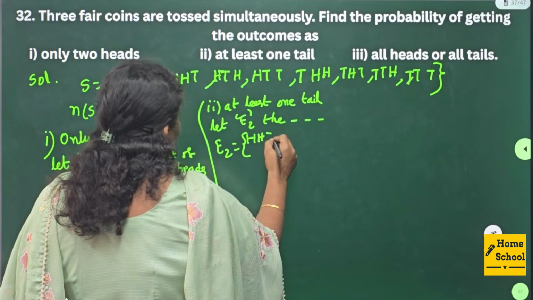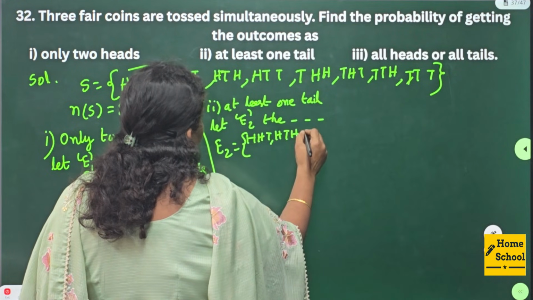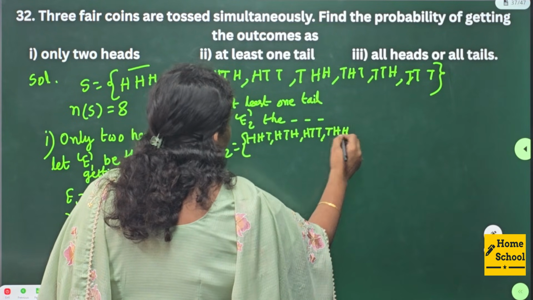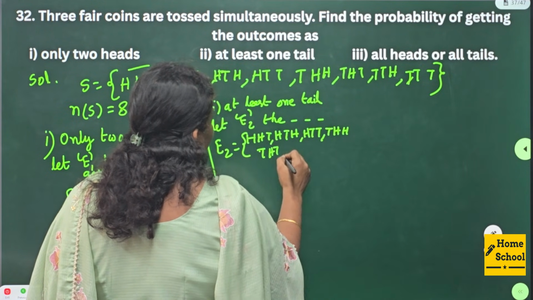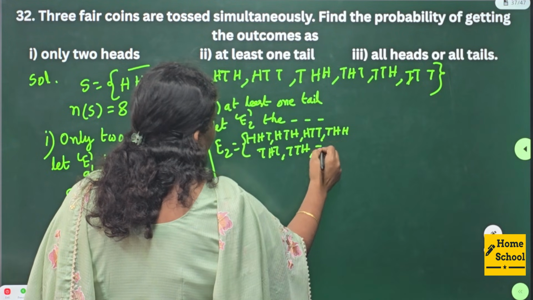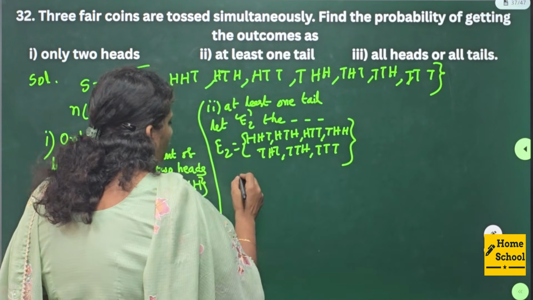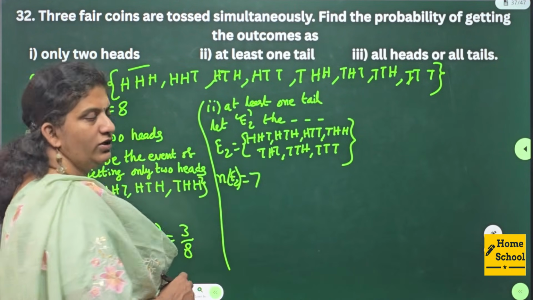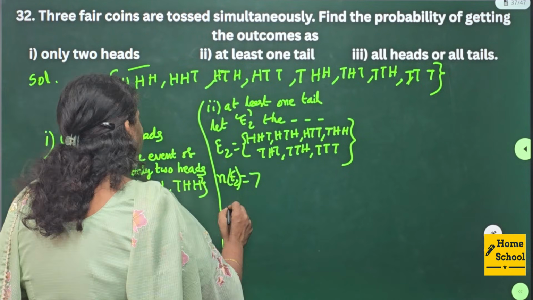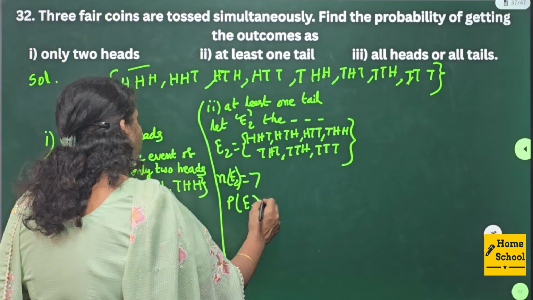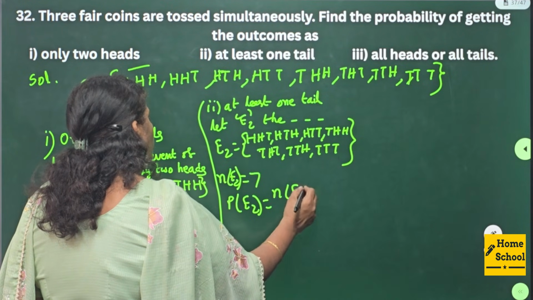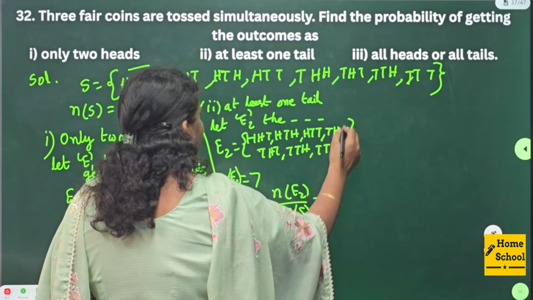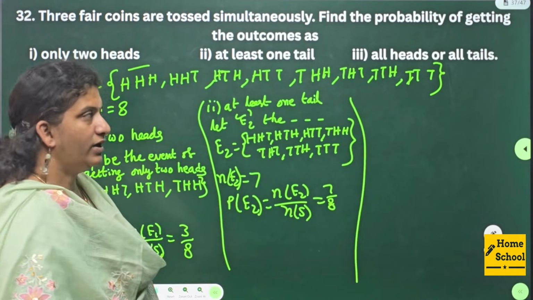Head, head, tail, head, tail, head, head, tail, tail, tail, head, head, tail, head, tail, tail, tail, head, tail, tail, tail. Right? Total how many number of this events? N of this E2 is equal to 7. Probability of getting this event P of E2 equal to N of E2 by N of S, that is 7 by 8.